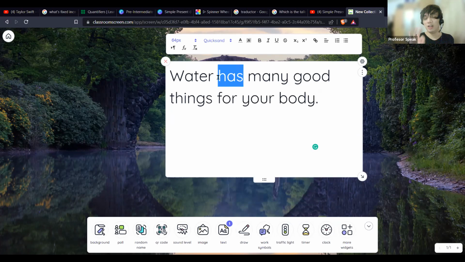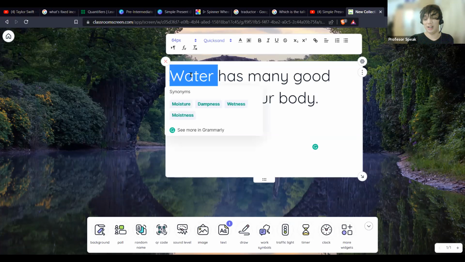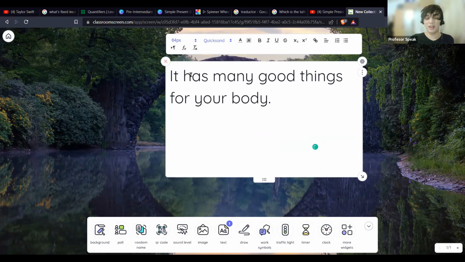Has is a third person verb. I have, you have, they have, she has, it has. So in this case, water is an object, so I can easily replace it with it.